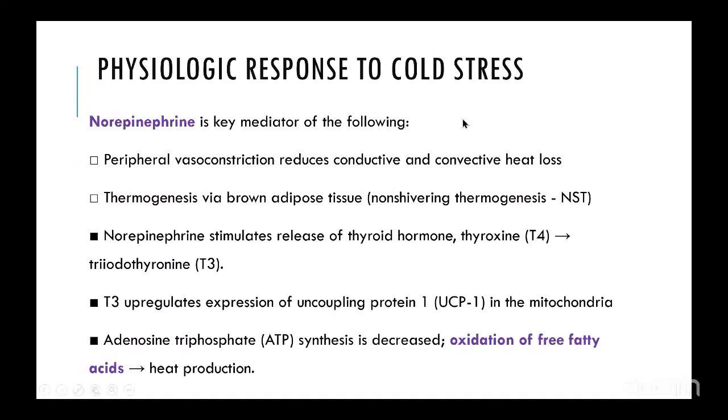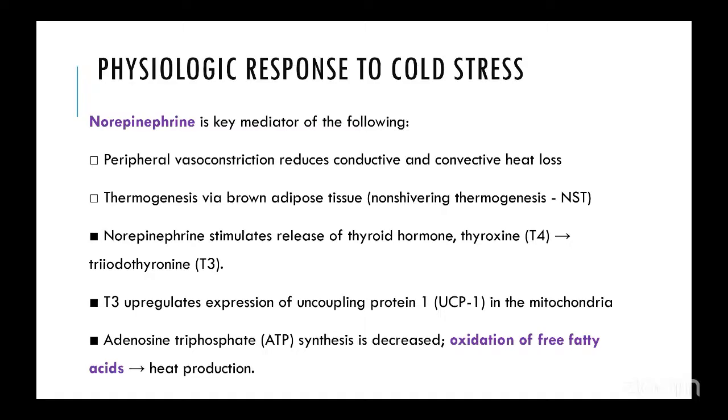So, what is the usual physiological response to cold stress in infants? Basically, cold stress causes norepinephrine release in the babies. And this norepinephrine, as we know, causes peripheral vasoconstriction, which reduces conductive and convective heat loss, and thermogenesis via brown adipose tissue. So this causes non-shivering thermogenesis.